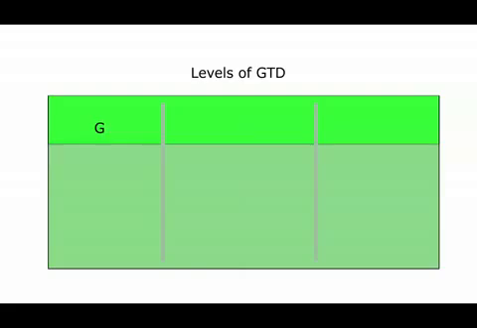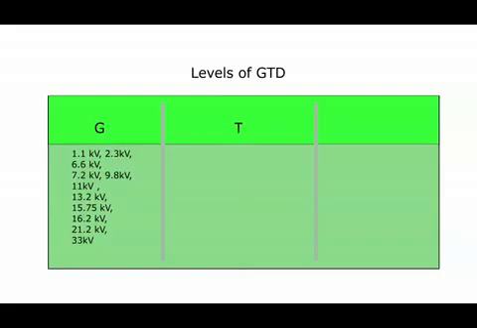For generation of electricity, the voltage range is from 1.1 kilovolts to 33 kilovolts. For transmission, we now know that it must be higher than generation voltage. Therefore, it ranges from 66 kilovolts to 1200 kilovolts depending upon the requirement.